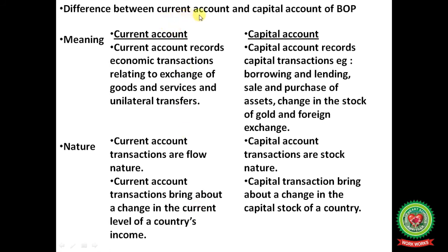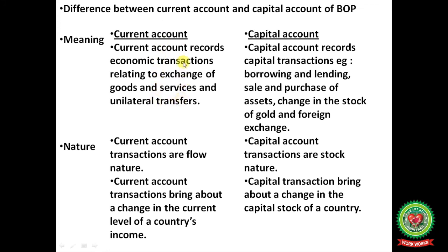Difference between current account and capital account of balance of payments. Current account records economic transactions relating to the exchange of goods and services and unilateral transfers, like wheat, rice, edible oils, cotton, shoes, leather, gifts, donations, aids.